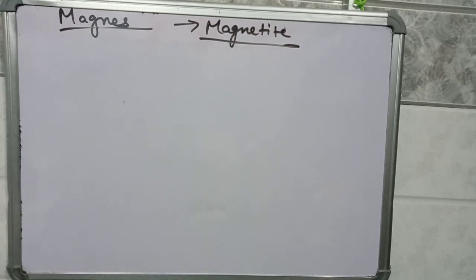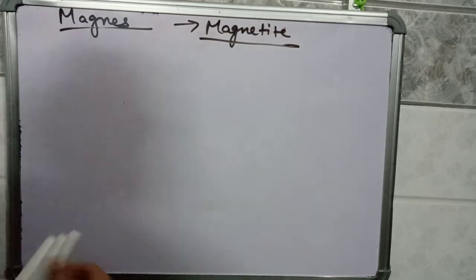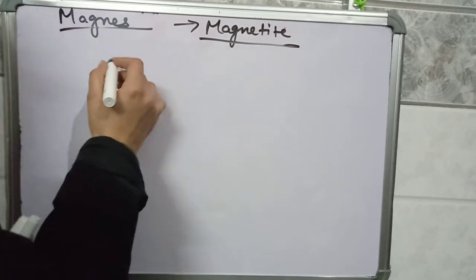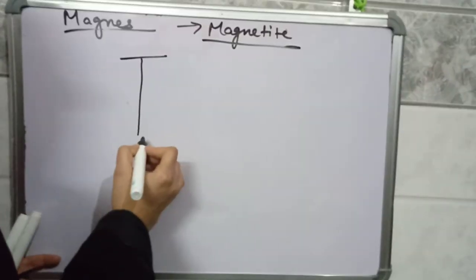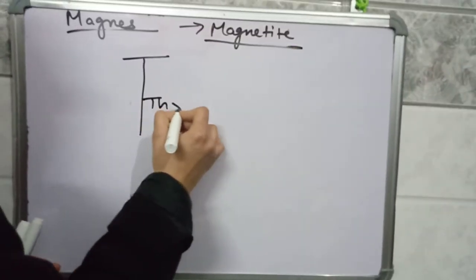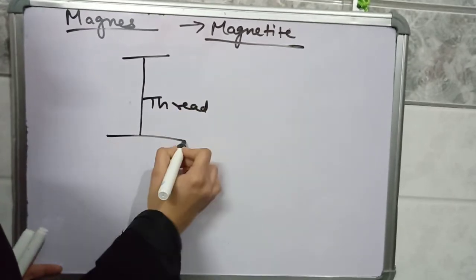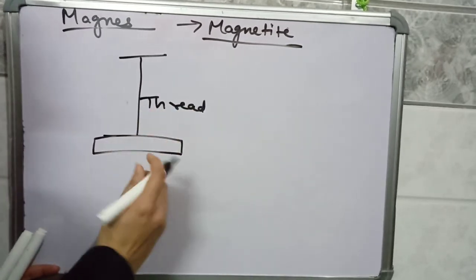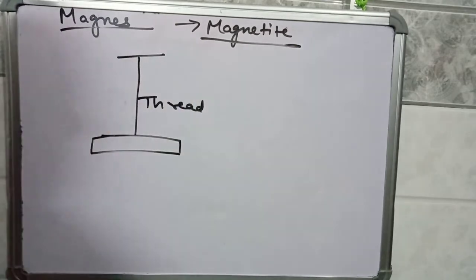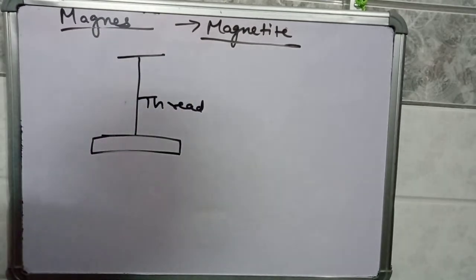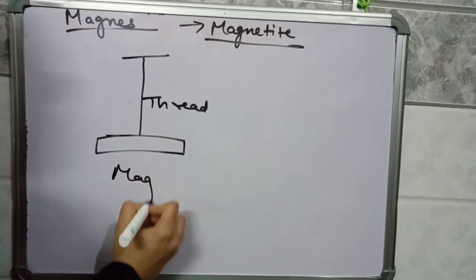So what are the properties of this natural magnet or magnetite? A natural magnet can attract pieces of iron towards it. Suppose we take a long thread and tie up a magnetite with this thread.